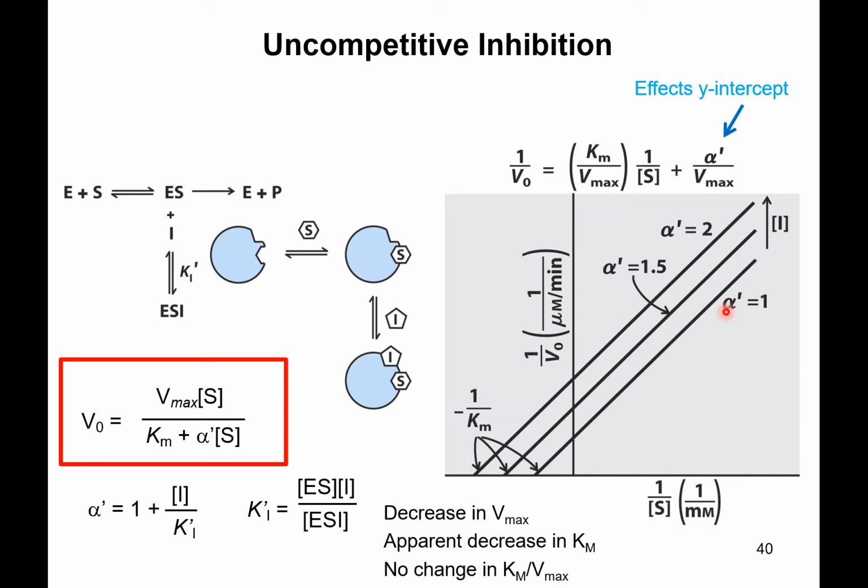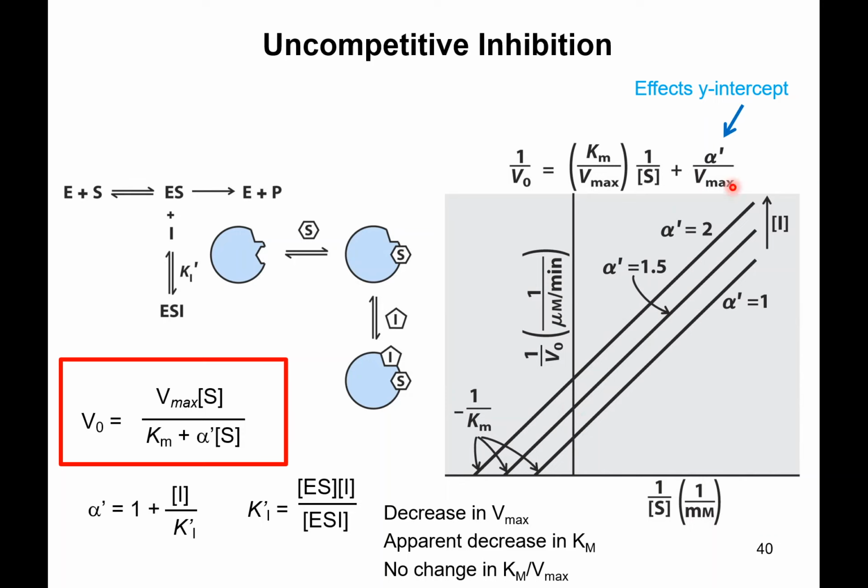And when we look at our straight line plot for this, okay, what we have, no uncompetitive inhibition, we have this line. Okay. When we have uncompetitive inhibition, alpha prime is going to increase, right?